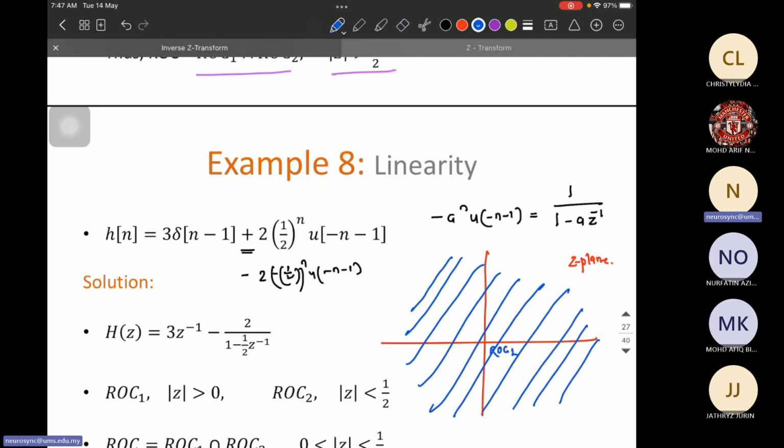Okay, now what is ROC2? ROC2 is the interior ROC with the circle of radius 1 by 2. So this is 1 by 2, this is ROC2. But this is a negative, left-sided signal, therefore we have an interior ROC.